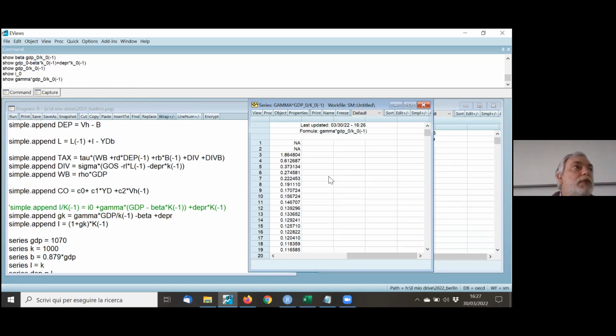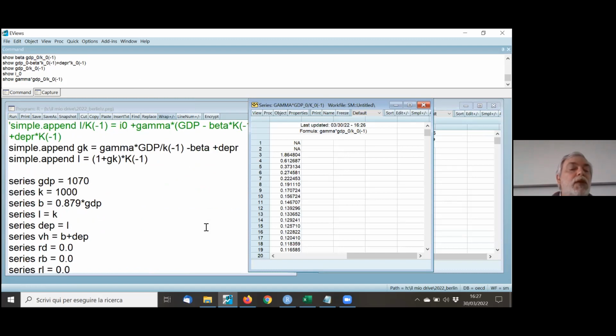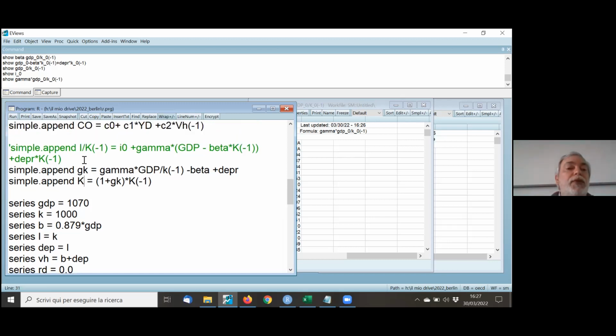I'm sorry? In your last equation, I is equal to GK and K. Is that not the equation for capital stock rather than investment? You are perfectly right. This is the equation for the stock of capital.